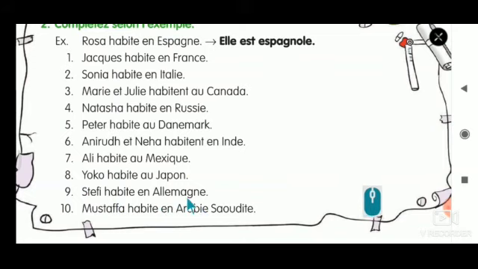So allemand is the nationality. Steffi, since she is a girl, elle est allemande with DE. Mustafa habite en Arabie Saoudite. So Mustafa is a boy's name. Il est saoudien.